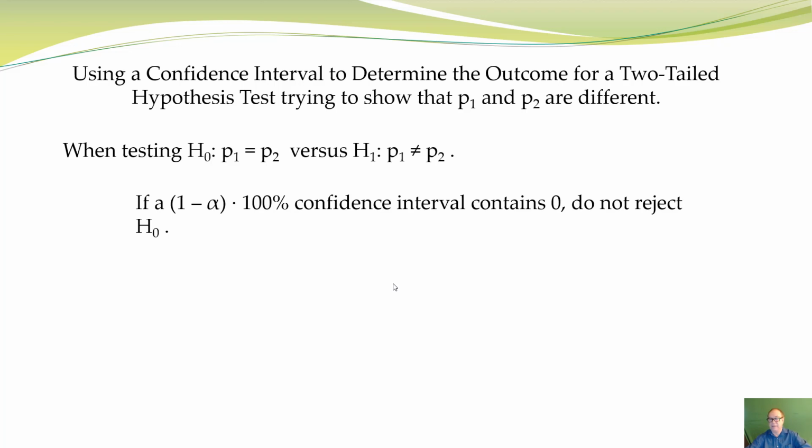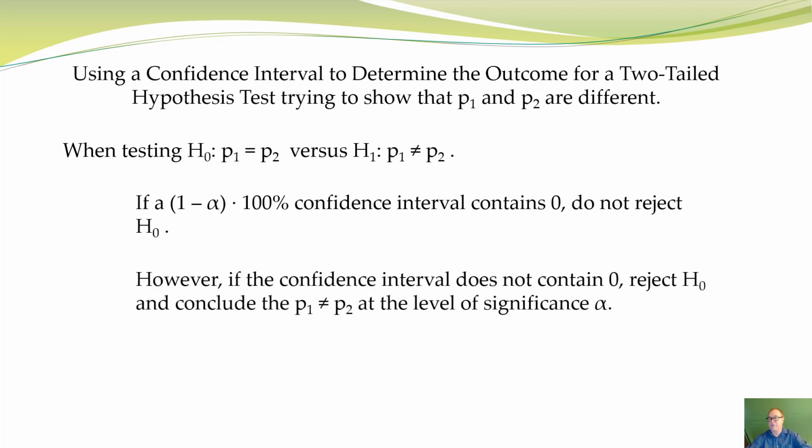Okay? However, if the confidence interval does not contain 0, reject the null hypothesis and conclude that P1 is not equal to P2 at the level of significance. So that's how you would use a confidence interval to check a two-tailed test.